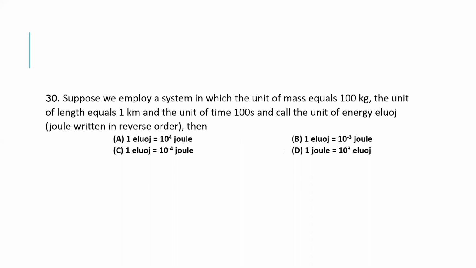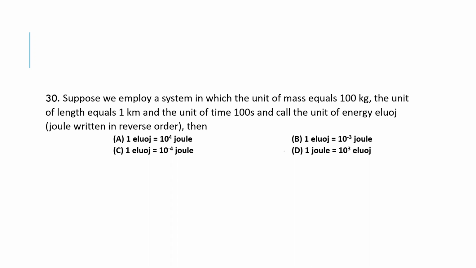Suppose we employ a system in which the unit of mass equals 100 kg, the unit of length equals 1 kilometer, and the unit of time is 100 seconds, and call the unit of energy 1 e-joule. Here it is just written in a reverse order.